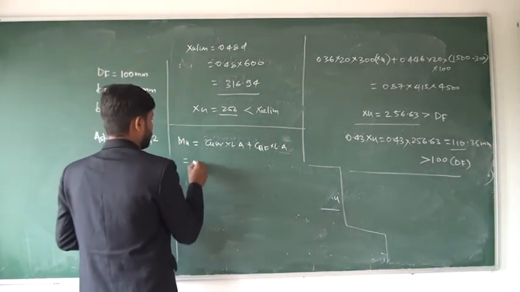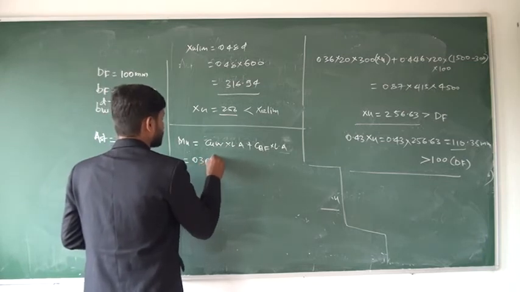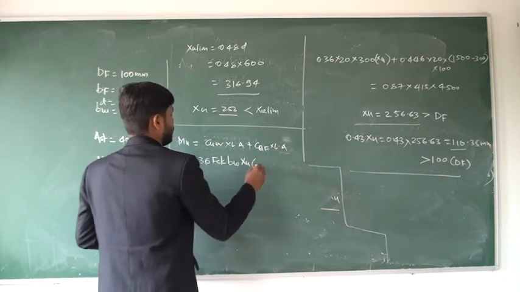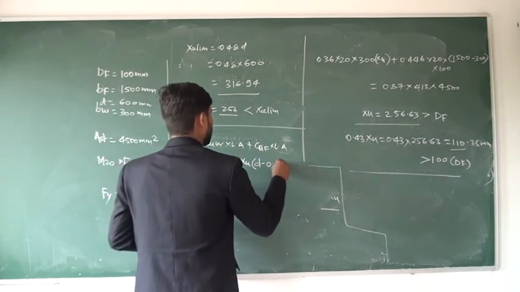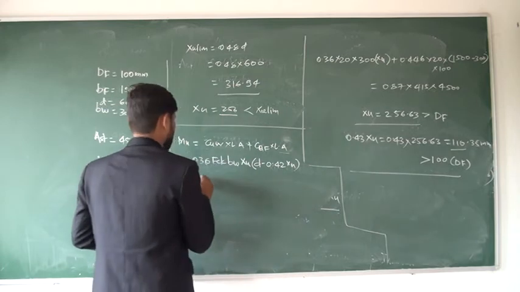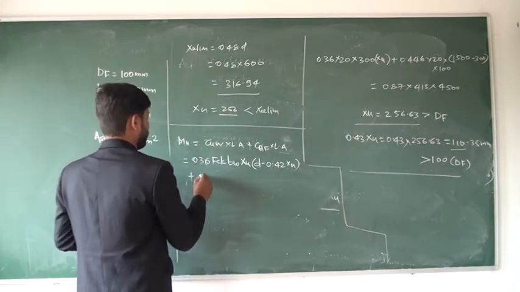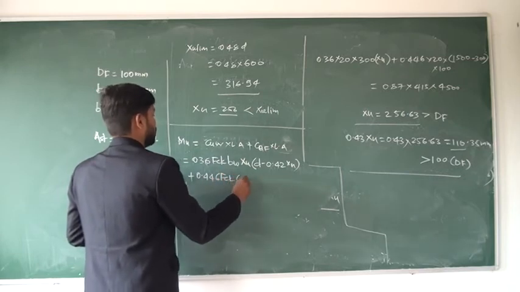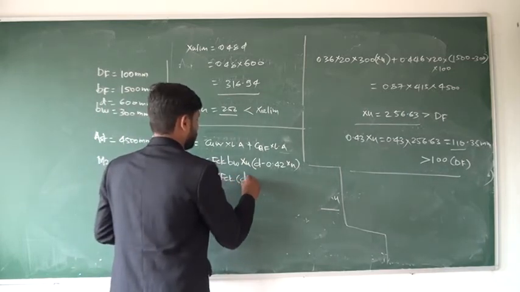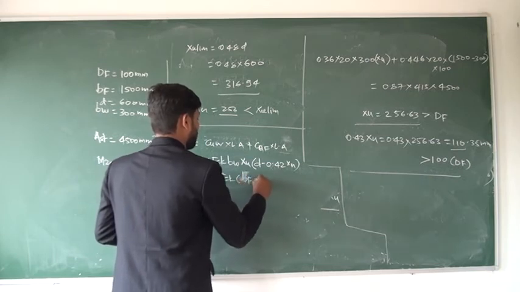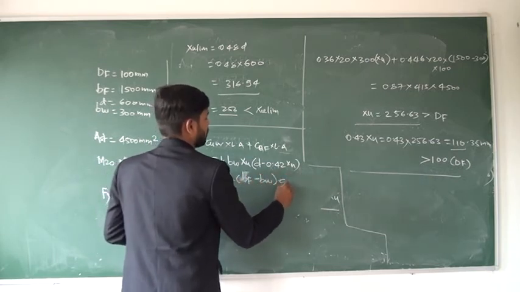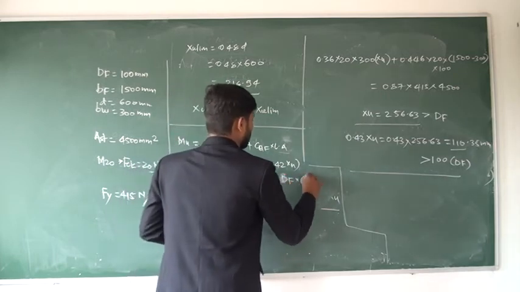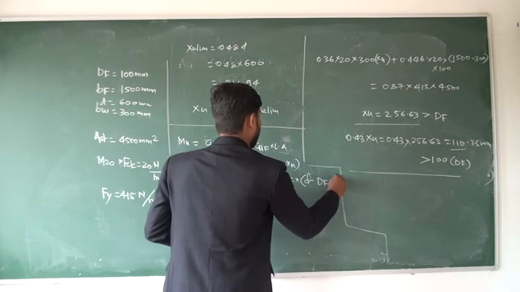CUW is 0.36 FCK BW into XU into bracket D minus 0.42 XU, plus this is CUF, 0.446 FCK into (BF minus BW) into DF into bracket D minus DF by 2.